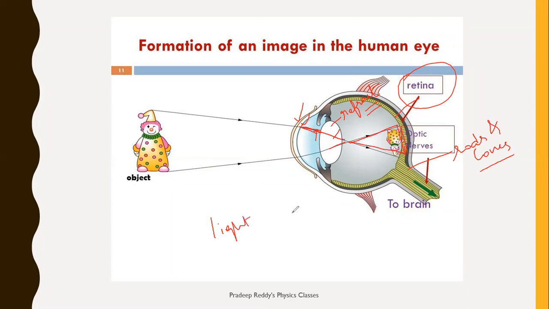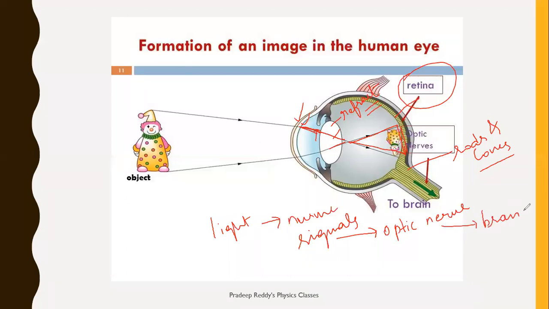Light is converted into nerve signals, and these signals are sent through the optic nerve to the brain. And in the brain, you are able to sense this image. This object's image is sensed in the brain. This is how formation of the image takes place in the human eye.